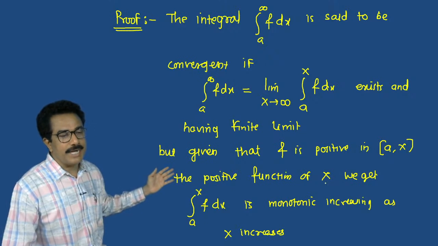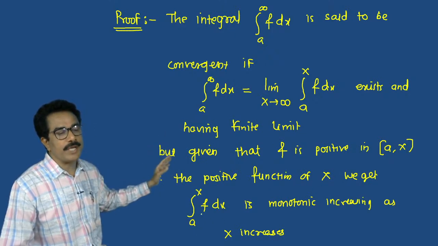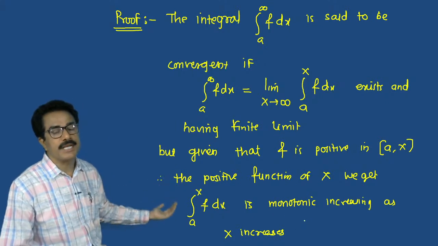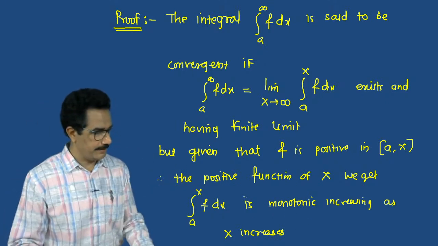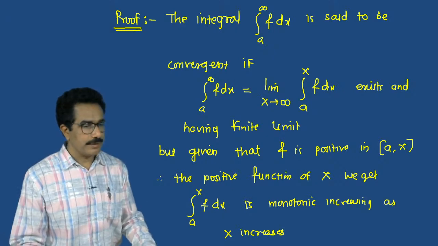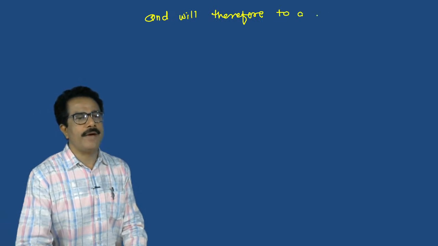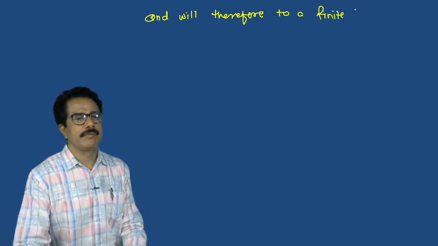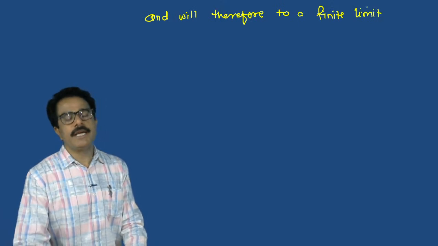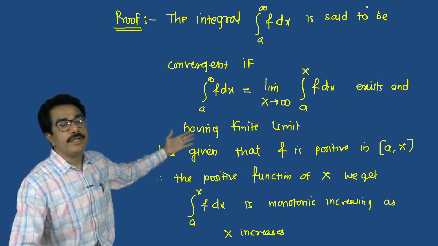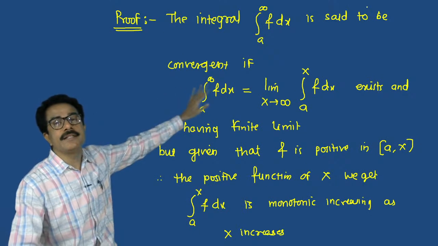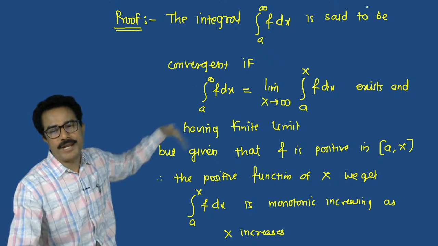So we can say that the function integral from a to x f dx is also monotonic increasing as x increases, and will therefore tend to a finite limit, because we have said that if this is convergent, then the given limit is finite.